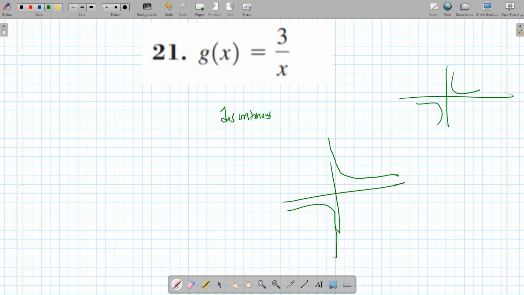And since there's an asymptote in the middle, it's going to be discontinuous. That makes sense? Yeah. All right, I'm good.